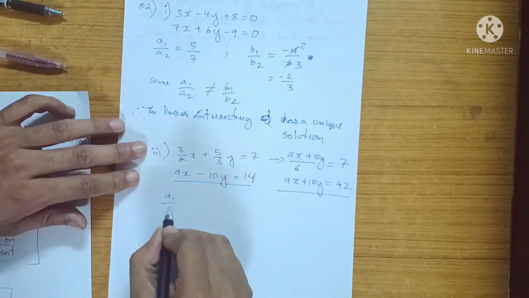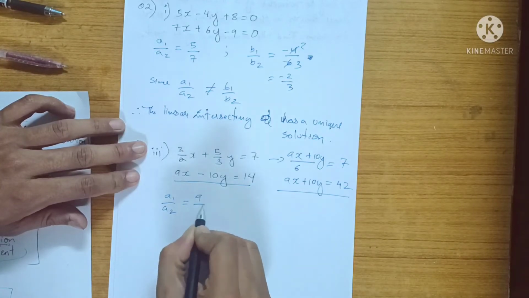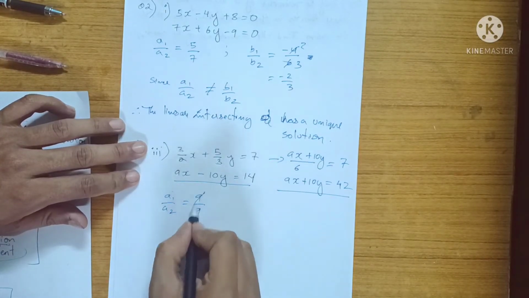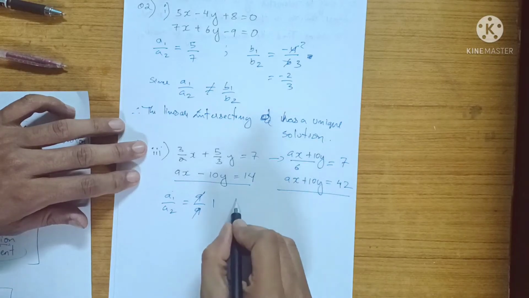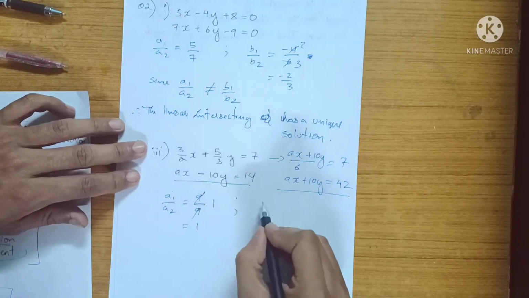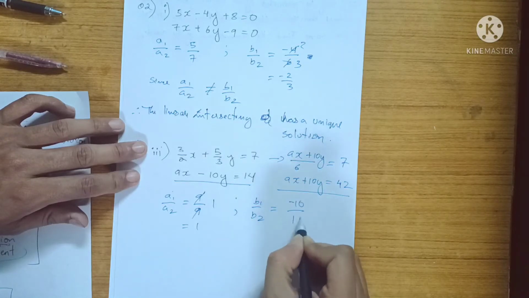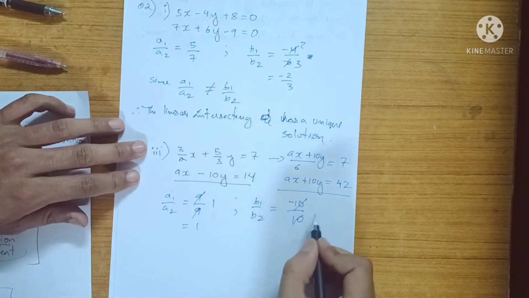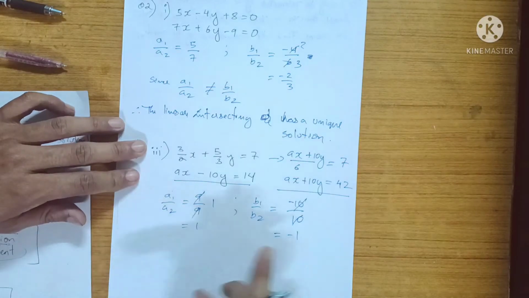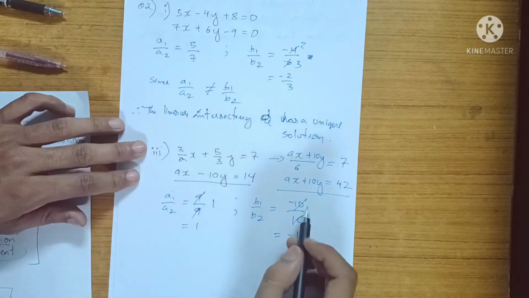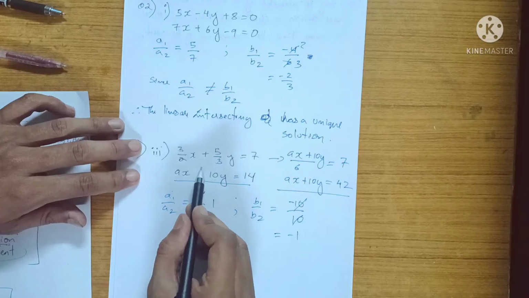So a1 by a2 is equal to 9 by 9. So cut, we're getting 1. Next, b1 by b2 is minus 10 by 10. Cut, we're getting minus 1, which is not same at all. Remember, you have to take the minus sign also.